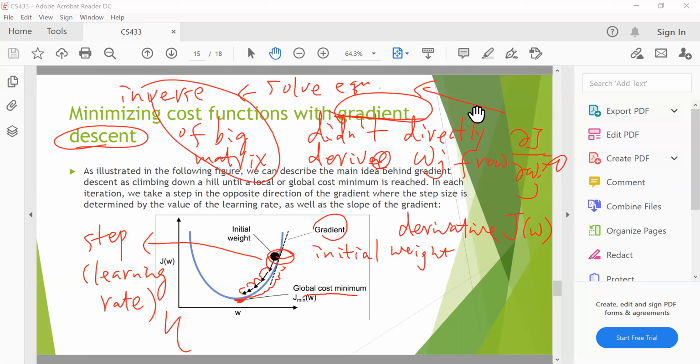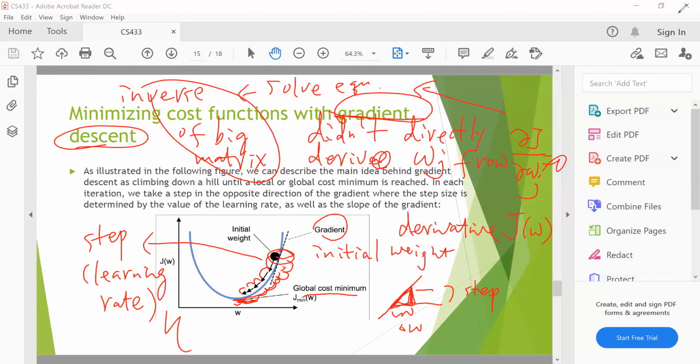In math, if you know the derivative, and if you know this small step, then you can find the delta W. So this is purely from math. We use the learning rate, which is each small step, and then we gradually get close to the minimum. So this is how the learning rate comes about.